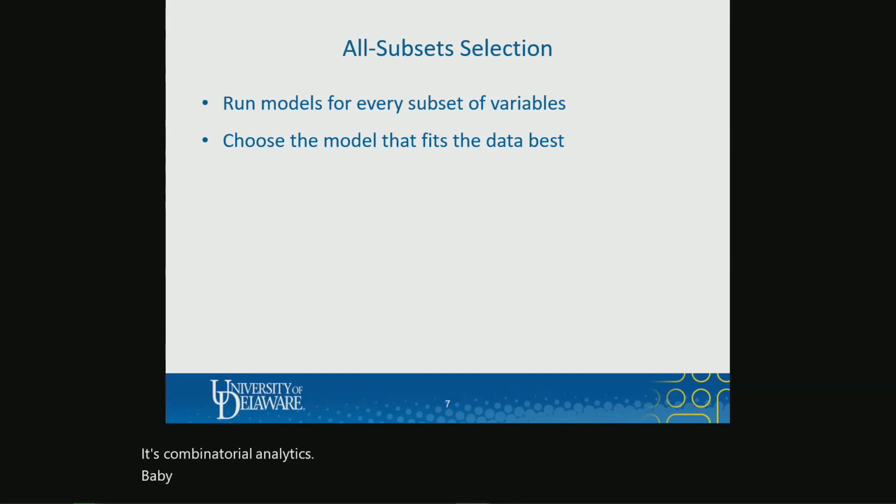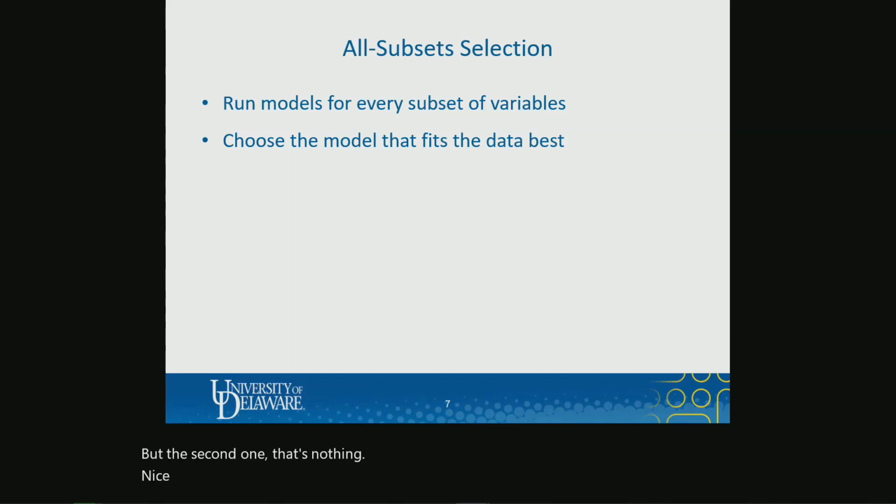Then we have 10 potential predictors. So I can give you a hint. Each variable can be in the model or not be in the model. So for each variable, one model can be, for example, not the first variable but the second one, but not the other.